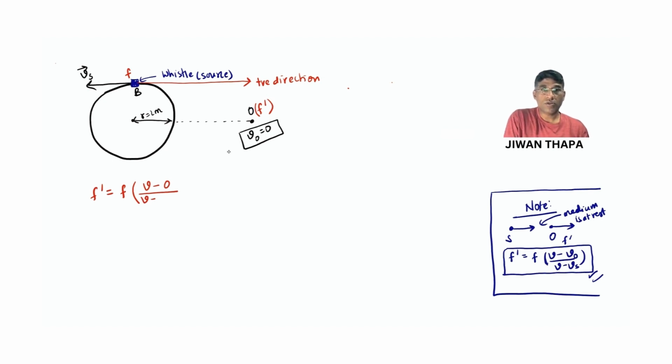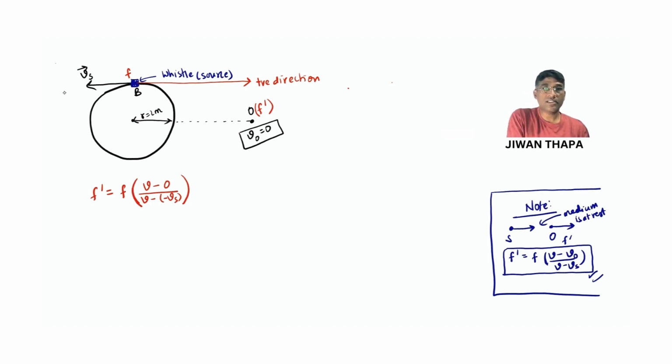So from this concept, the direction from source to observer is taken as positive, since the source is moving away, we have minus Vs. We are using sign convention.